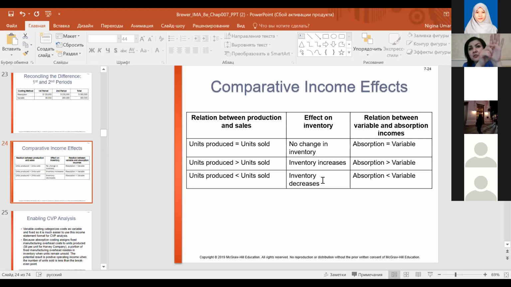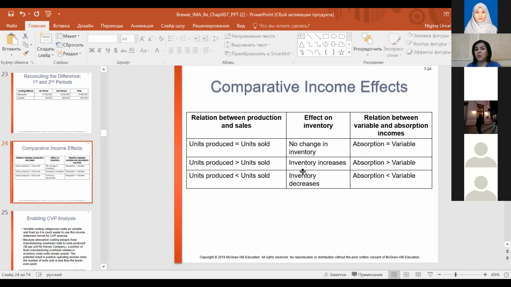And this fixed manufacturing overhead also comes from the previous period. When these 5,000 units are sold in the current period, in year 2, of course this fixed manufacturing overhead of 30,000 will decrease net operating income.